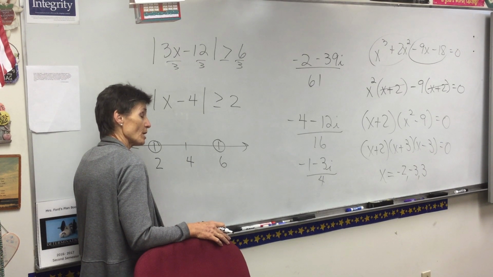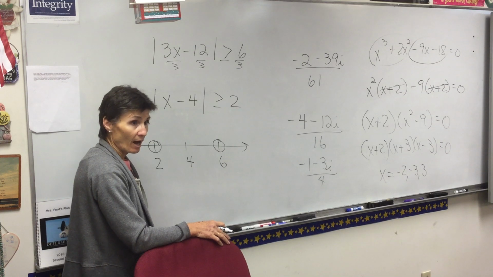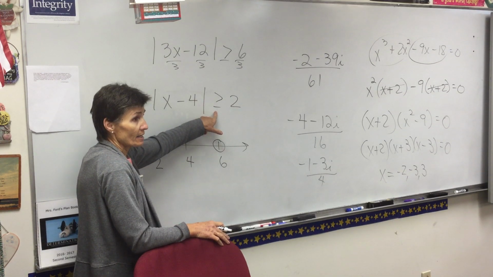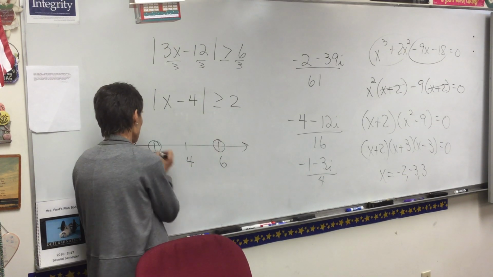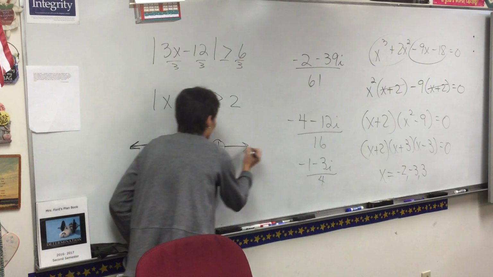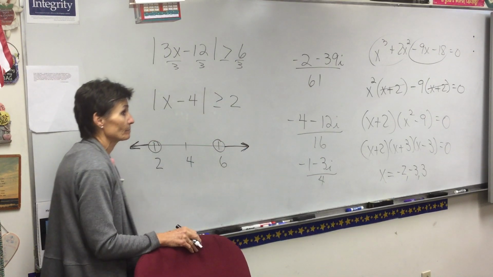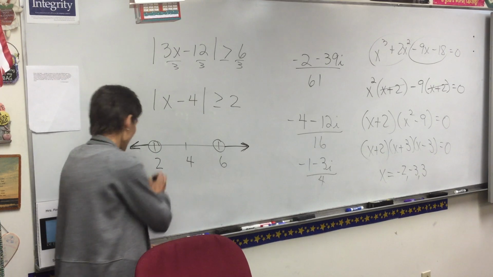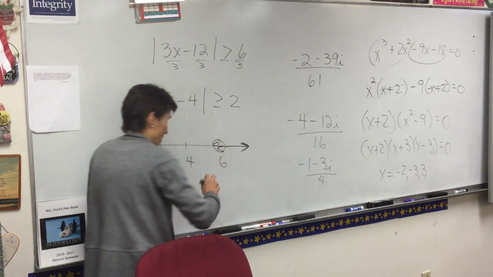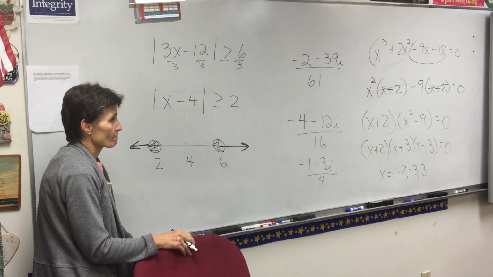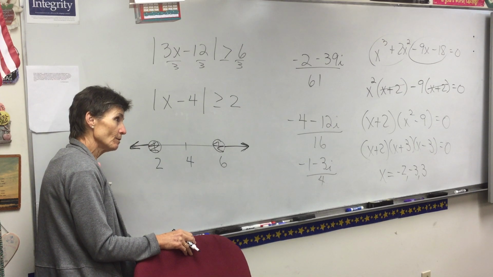And then we either shade between the dots or outside the dots. Since this is a greater than, we will shade outside the dots. And the dots are colored in. And now I'll write my answer.